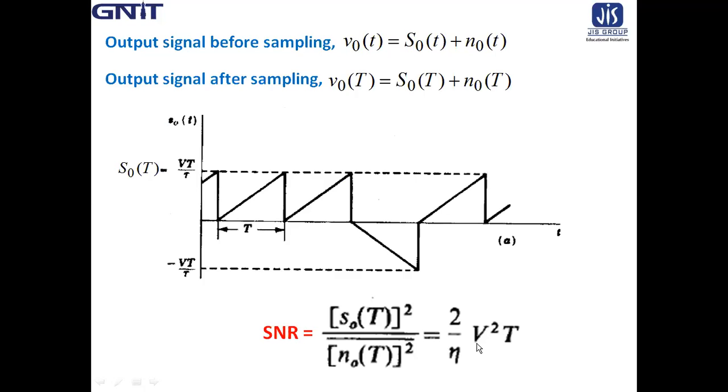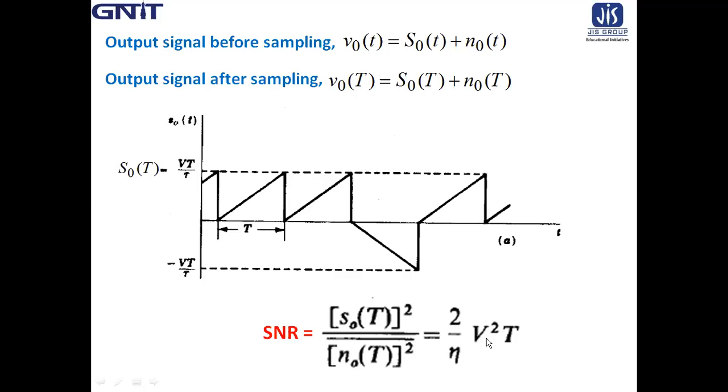Therefore, a bit represented by a narrow high amplitude signal and one by a wide low amplitude signal are equally effective, provided V square T is kept constant.